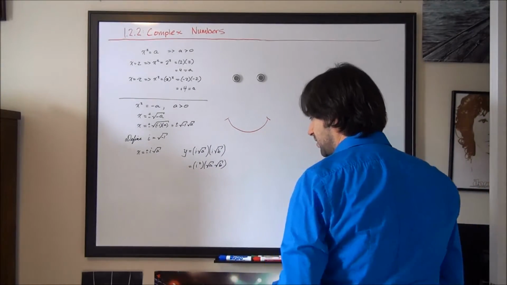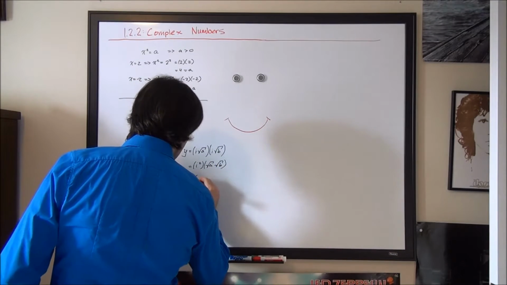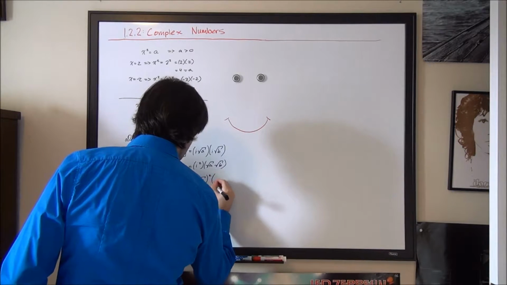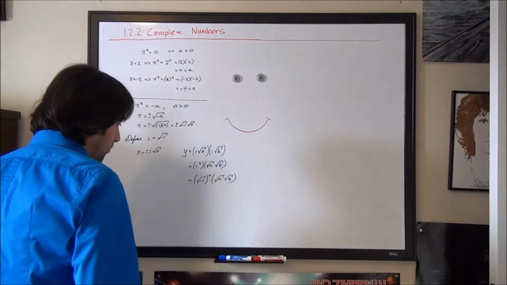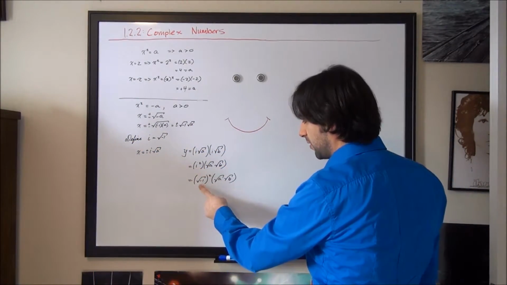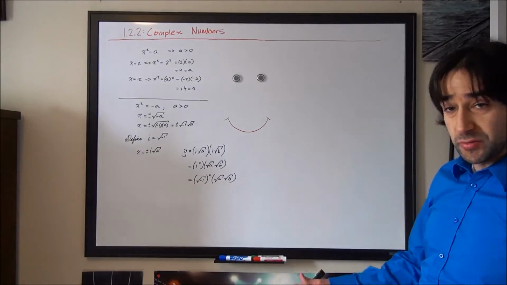Let's deal with i squared. See what I did here? I made the substitution that i is equal to the square root of negative 1. But when you square a square root, the square root goes away.